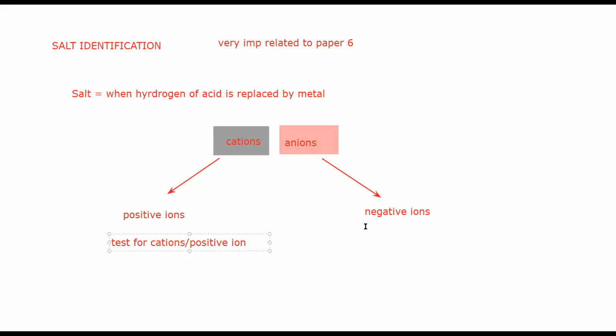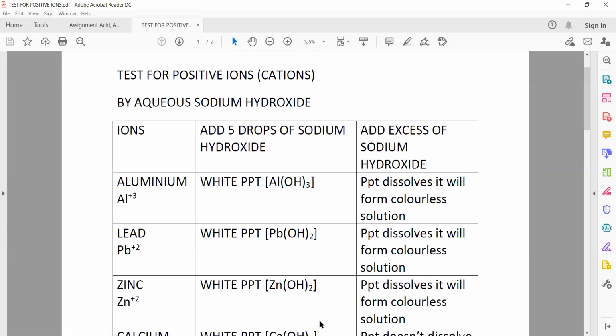For example, if a salt contains an aluminium ion, and you add 5 drops of sodium hydroxide to a test tube or container, what will you observe? You will observe a white precipitate is formed.